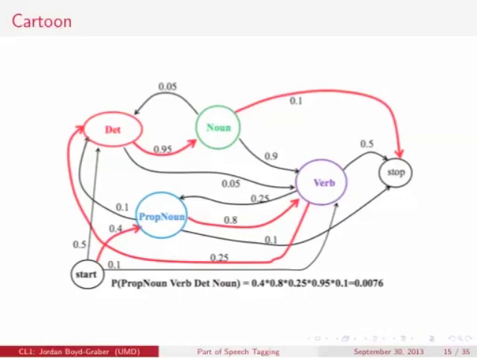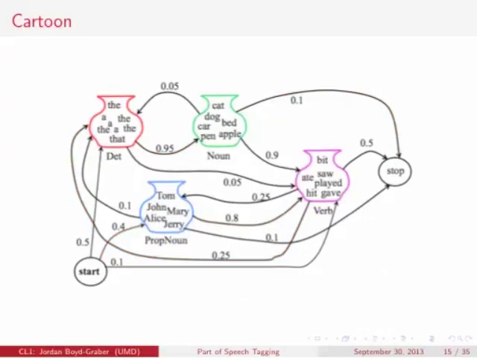But what's more is that we also generate a sequence of words with every part of speech. So once we're in the proper noun state, we're likely to generate words like Tom, John, Mary, Alice, Jerry. If we're in the determiner state, we're likely to generate words like the or that. Similarly, for the common nouns, we can generate words like cat, dog, bed, car, pen, apple.